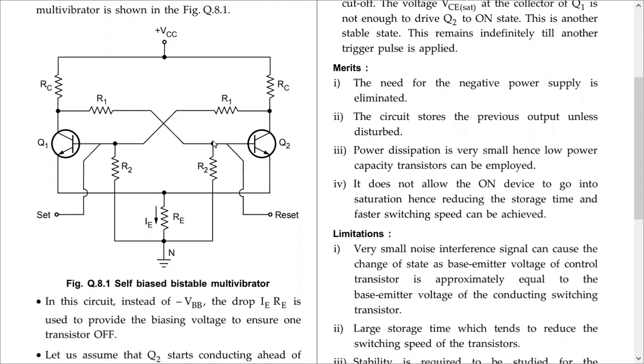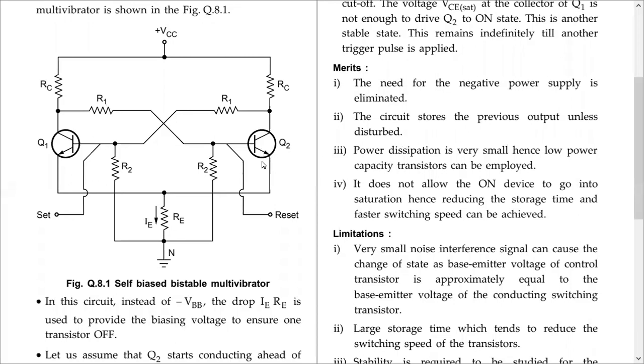By adjusting the values, if we can maintain the voltage here greater than the voltage here, then Q1 will continue to remain on and Q2 will continue to remain off. Again, it is the designer's responsibility to make sure that the states of the transistors are maintained.